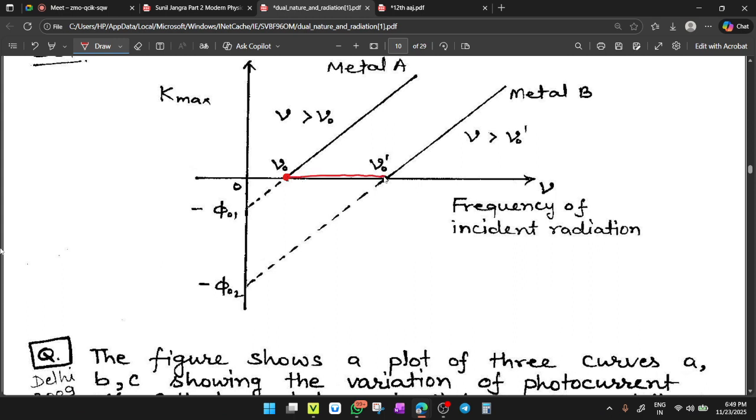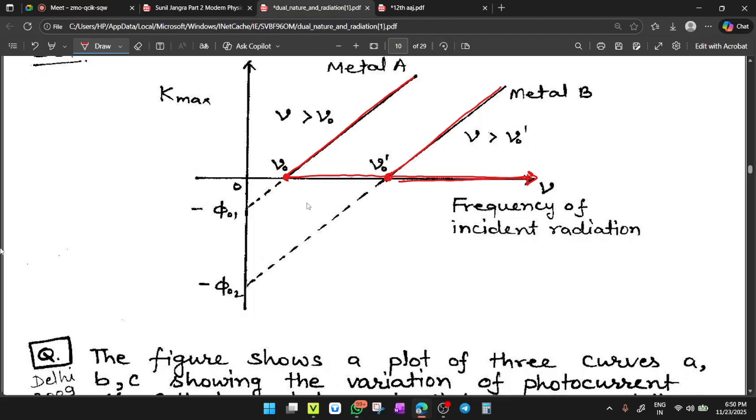Now, by increasing the incident frequency, kinetic energy also increases. Clear or not? For the second metal, the threshold frequency equals nu naught dash. So by increasing the frequency, the kinetic energy of the ejected electron also increases.